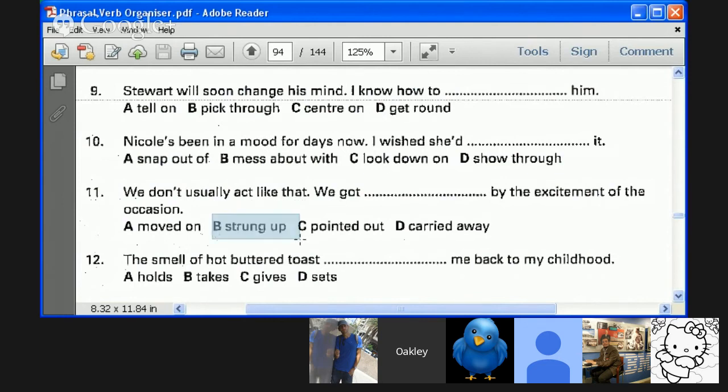Let me explain why I said that. Okay, strung up can be very physical, concrete. We strung up Christmas lights in front of my house. The lights are on a string, and we put them up. Very physical. If you string up a person, it means you hang them by a rope by the neck till they're dead. That's not good. Definitely is not right.